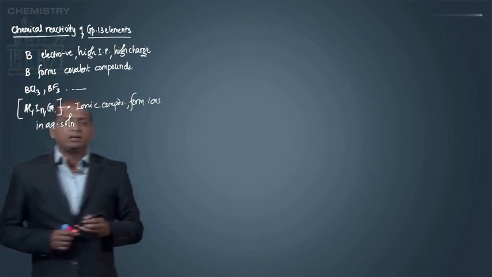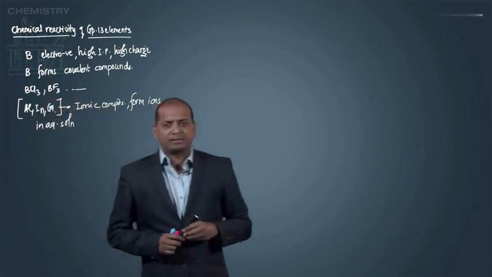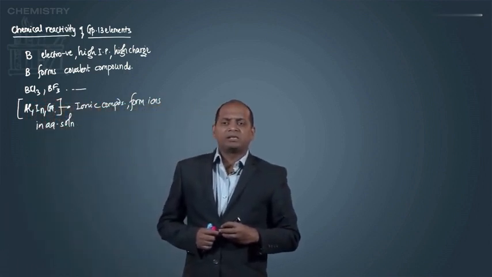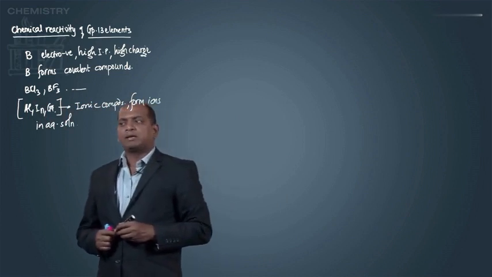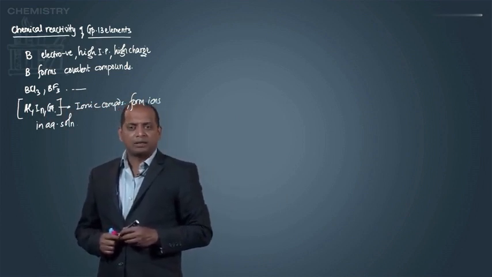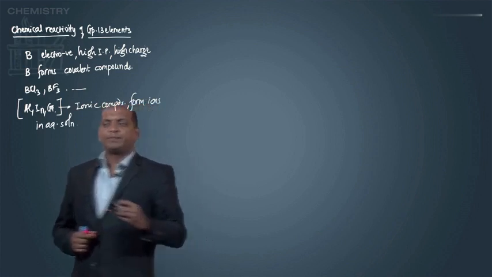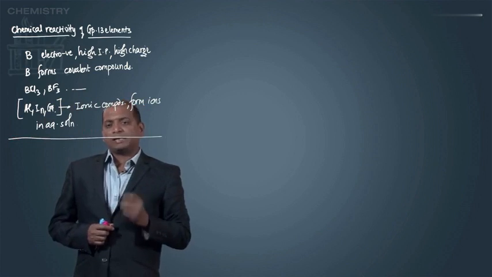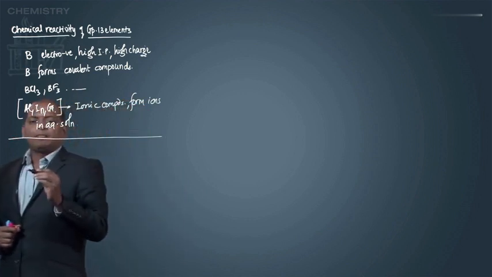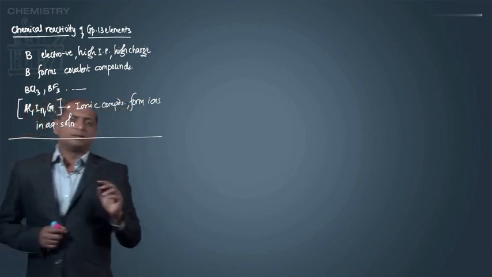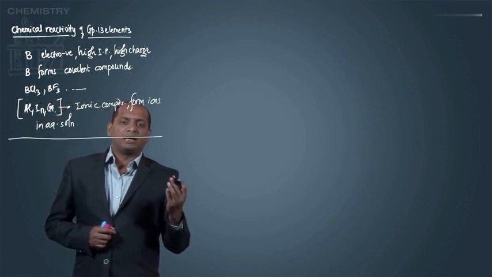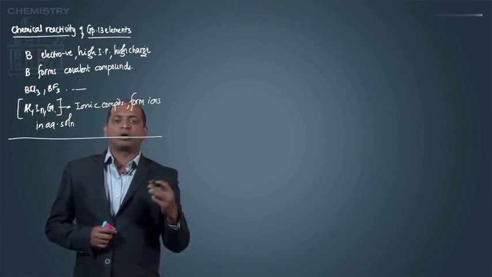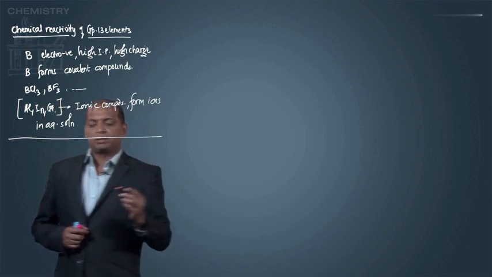In dry conditions or in a dry state, AlCl3, then GaCl3 or InCl3 are covalent in nature. Okay, this is one case. The second case is, now we know that indium and thallium actually have two oxidation states, +1 and +3.